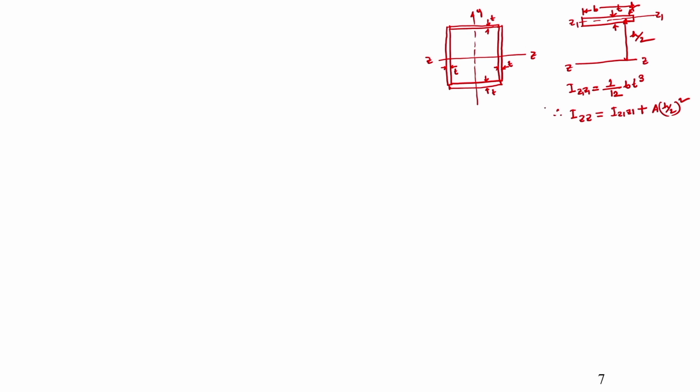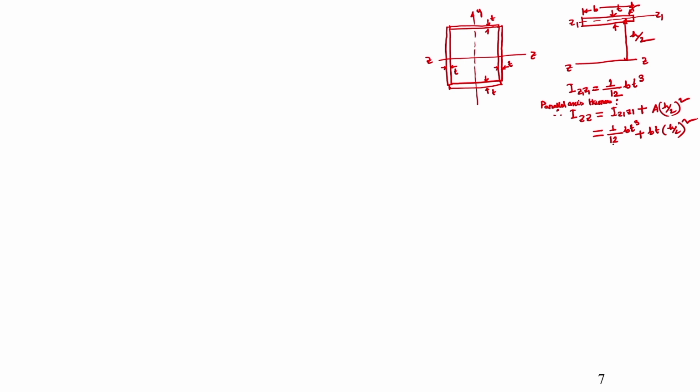This is actually based on the parallel axis theorem, this you should keep in mind. So, 1 by 12 BT cubed plus the area, which is B into T into h by 2 squared, correct, this you can write.